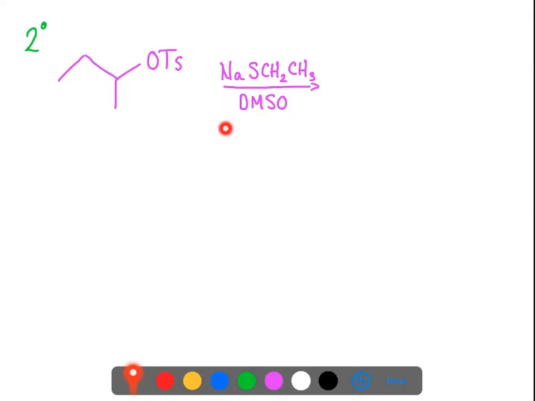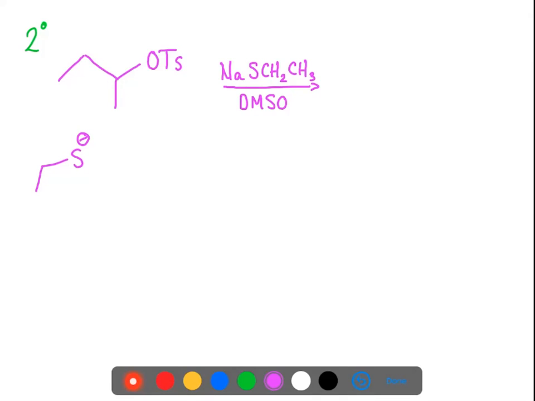This species, the active ingredient, if you will, is the alkyl sulfide ion. So in this case, it's an ethyl sulfide ion. And due to the larger size of the sulfur atom, we've seen that these are very polarizable species, and so very good nucleophiles as a result.